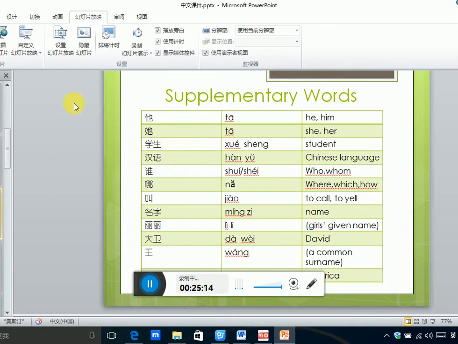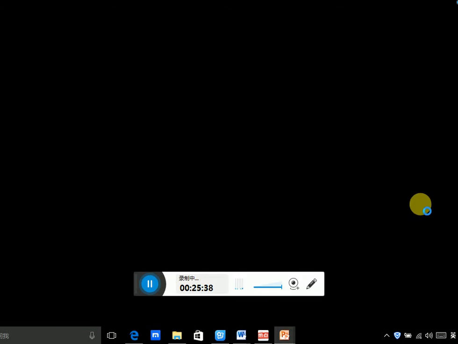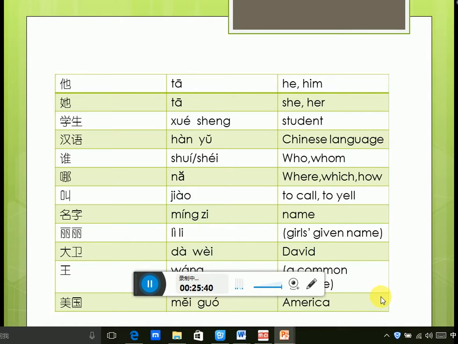And for the supplementary vocabulary, you need to know the meaning of those words, but just for this moment, you don't have to remember the ways to write those words. So we just quickly go through this.